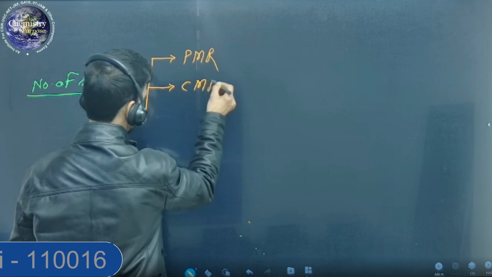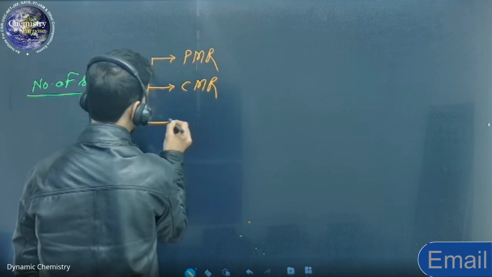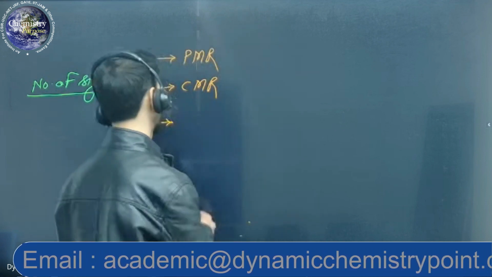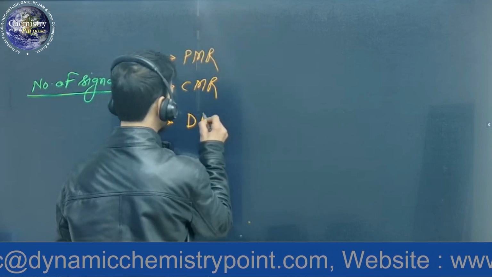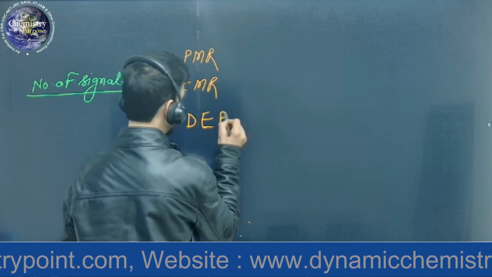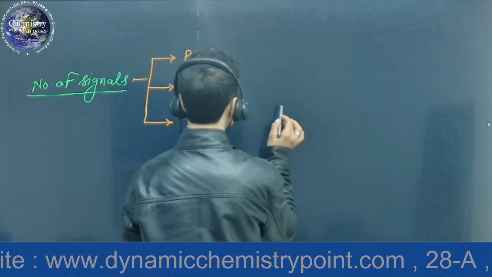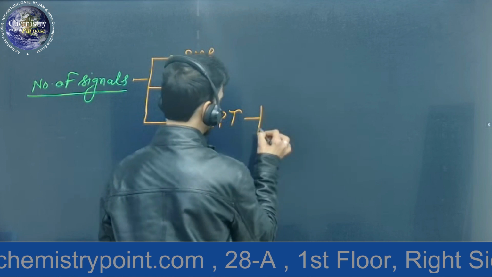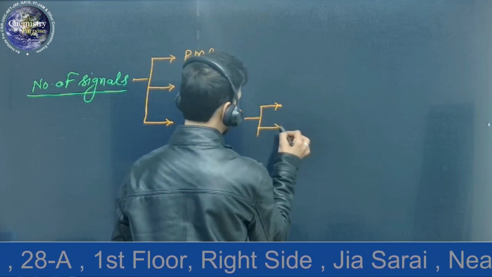Next, CMR signals, that is carbon-13 NMR signals, or the signals may be DEPT, distortionless enhancement by polarization transfer, signals. And DEPT, you know very well according to your previous knowledge.